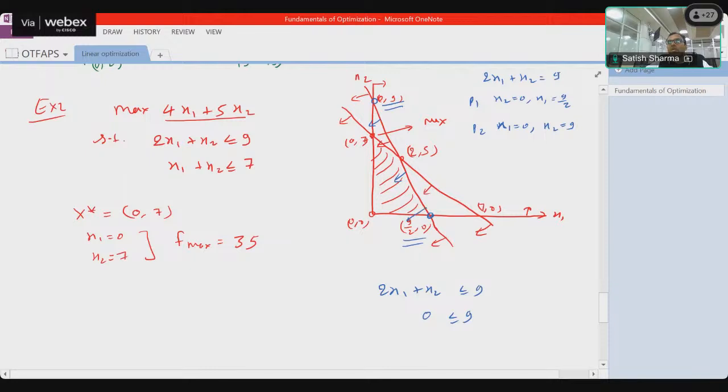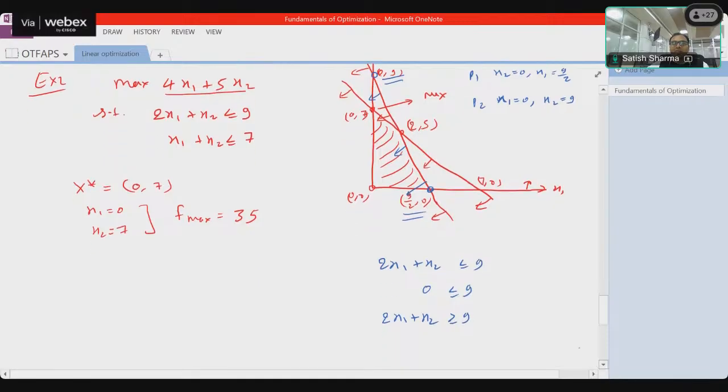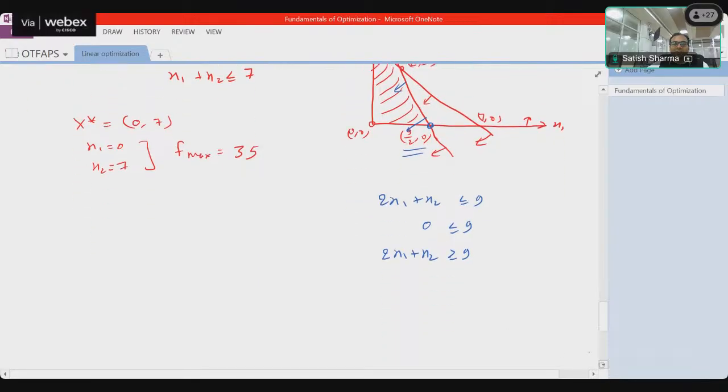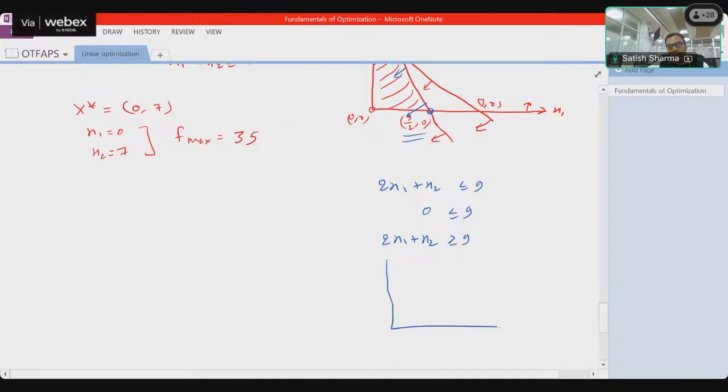Okay, if this line, let's say 2x1 plus x2, instead of less than, it is greater than 9, then in that case I would have drawn it like this. Let's assume this is the line. For this case, if I put 0 0, which is this point, 0 comma 0, it becomes 0 greater than 9, which does not satisfy the condition.